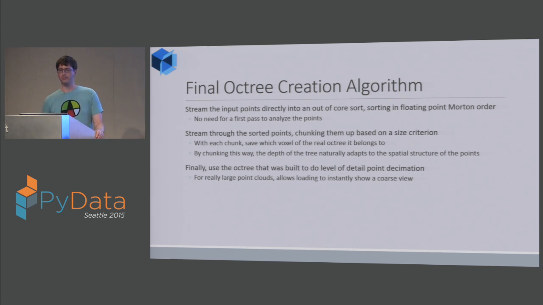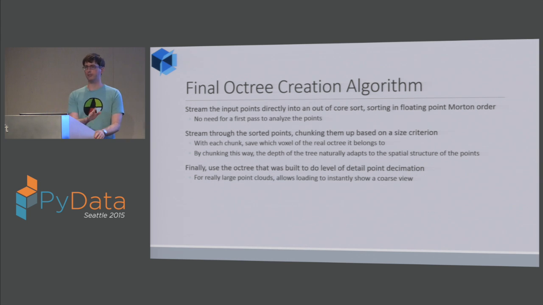And when you're saving it to disk, you also say what voxel it came with. That basically gives you a spatial format on disk that you can easily load into an octree and load anywhere in space pretty quickly.